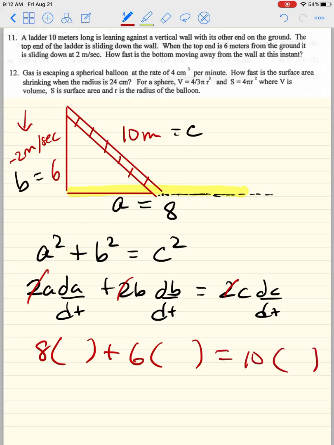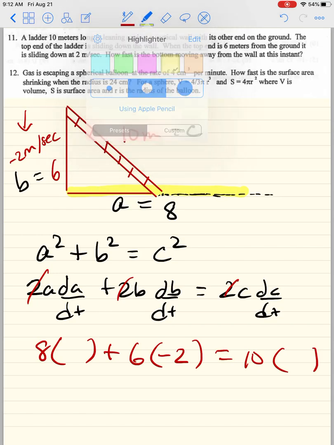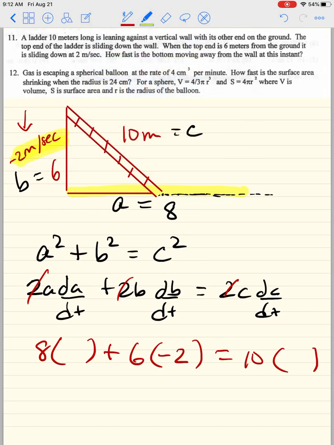Now we can talk about the rates of change. With the 6 comes a negative 2, so that's this here. With the 8, I'm trying to figure out how that's changing, so we're going to call this dA/dt.